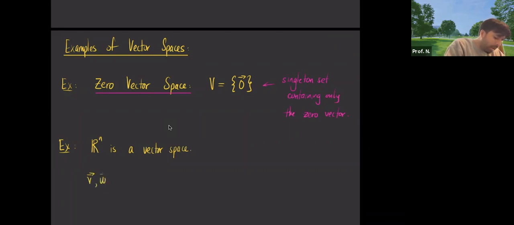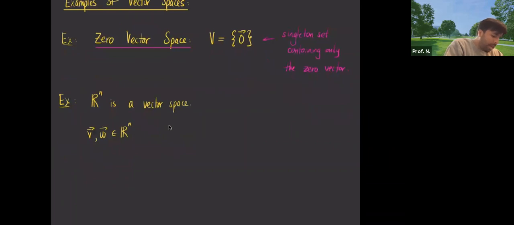Take two vectors in Rn, and a scalar, take a scalar C. So these are the vectors, and this is a scalar. And if you take the n-tuple V and the n-tuple W and the scalar C, it also will obey every one of the axioms that we just defined.